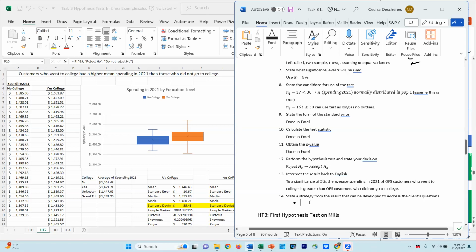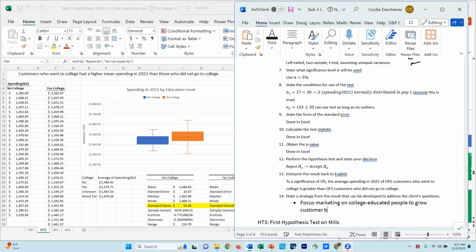I guess I would say focus marketing on college educated people, grow customer base. They will lead to greater revenue on average than non-college educated.